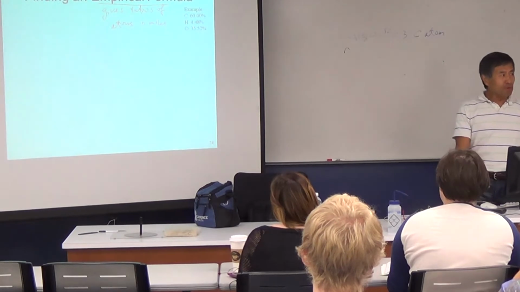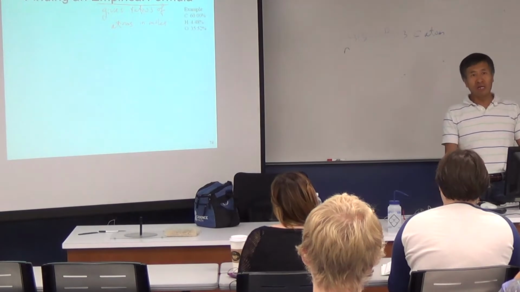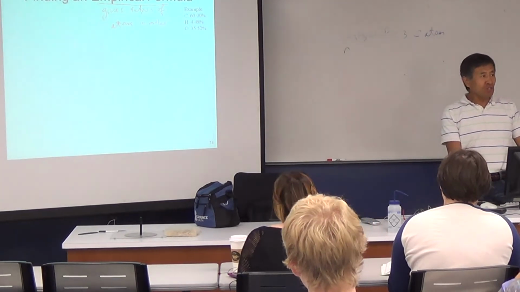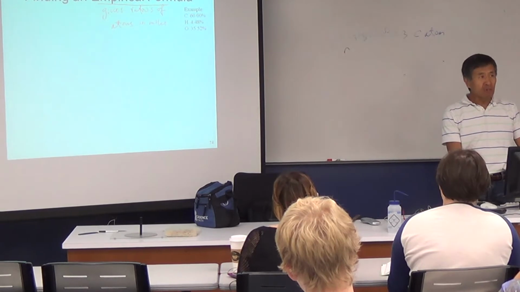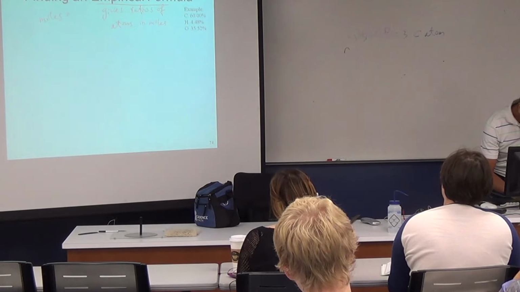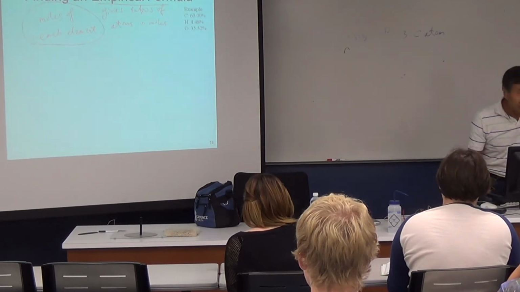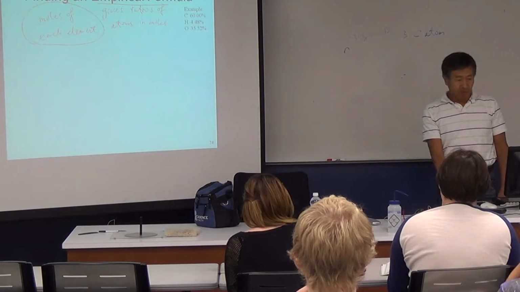So the most important step we need in finding the empirical formula is to find the moles of each element. Moles of each element or each atom is the key information we need in this practice. In this exercise, no matter what I give you, you have to find the moles of each element.